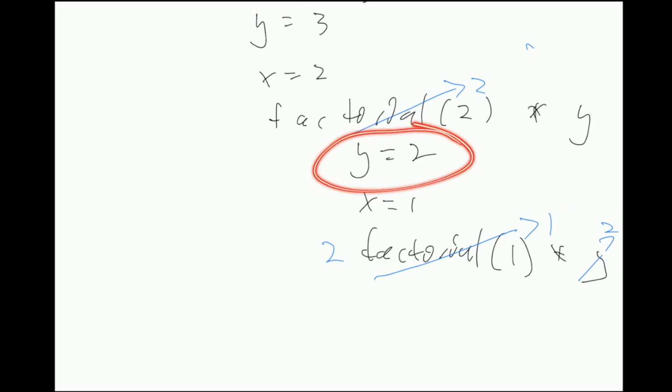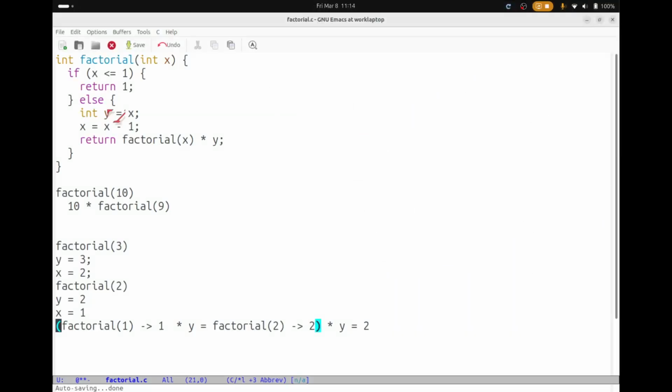If I just had iteration without using a function, I would have overwritten y to be 2, and this y would have become 2. I think you all know this because you all use functions. But the key distinction here with functions, beyond just control flow, is that it's also saving a snapshot of all the variables that you're using in that version of factorial.